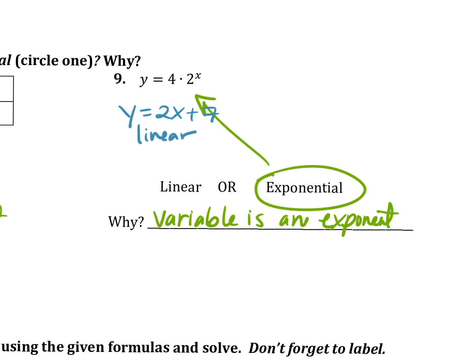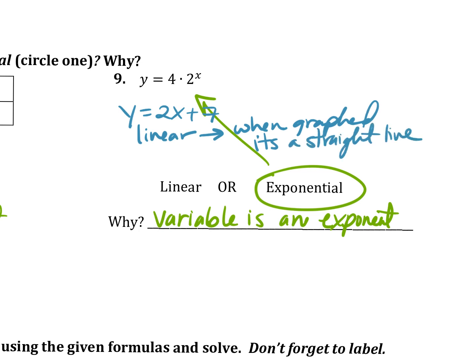Your x isn't an exponent. You could explain it that way. You could say when graphed, it's a straight line. Or you could say it's in slope-intercept form, would be fine.